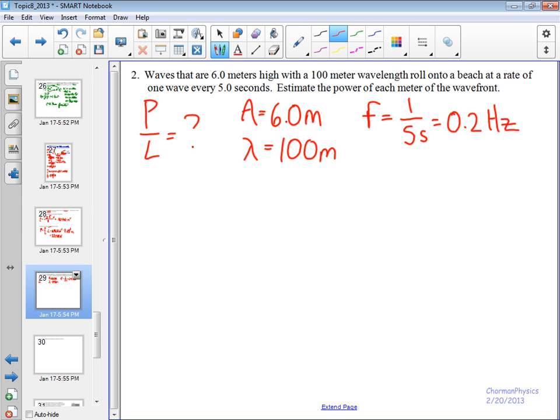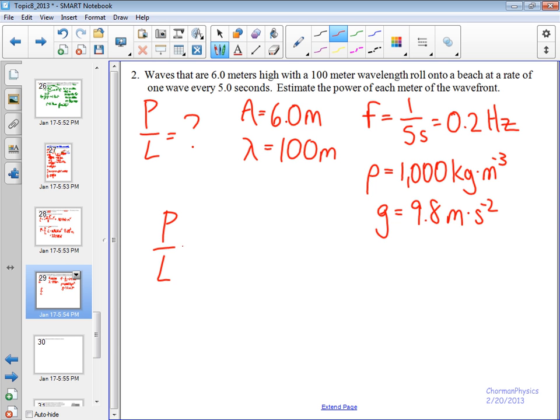What else do we have here? The density we can assume for water is 1,000 kilograms per meter cubed. And we know the acceleration of gravity we need. So if we calculate this, the one piece we need here is the wave speed, which is just going to be using our wave equation, lambda times f.